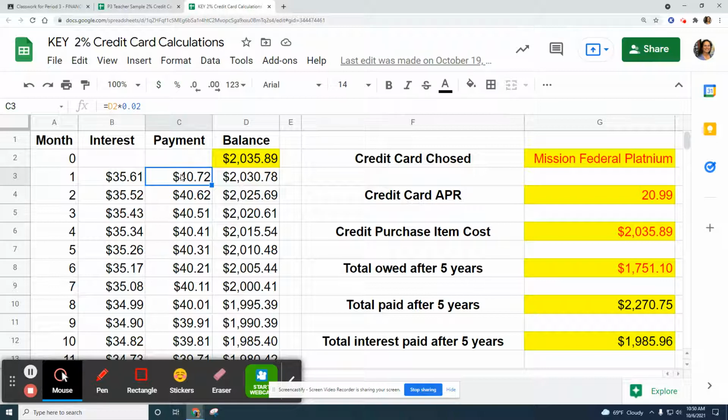It's equals D2 times 2%, or D2 times 0.02. Where does this 2% come from? It's like a rule of thumb for credit cards. They're going to charge you about 2% of your balance.